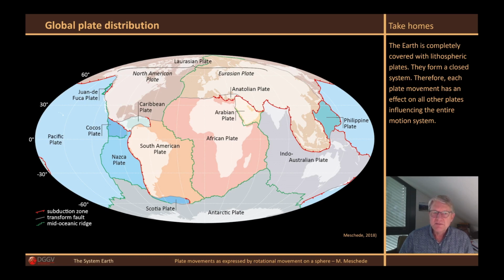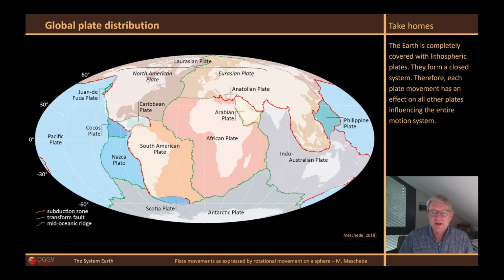The great thing is, the three different types of plate boundaries that we have are actually sufficient for this. Divergent plate boundaries, where spreading occurs at the mid-oceanic ridge, convergent plate boundaries with a subduction zone or when two plates collide, and conservative plate boundaries with transform faults.